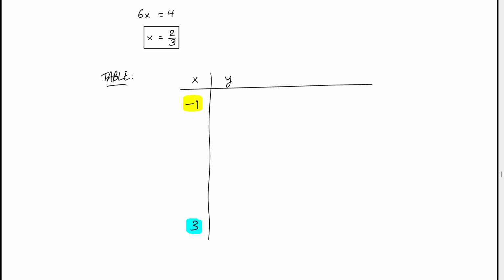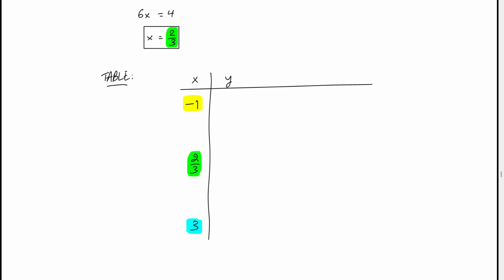And then any critical numbers you found have to go between these numbers. So if you have 2, 3, 4 of them, make sure you put them in order from smallest to largest. That way everything looks nice and neat, and you won't make any mistakes. In my case, I only found 2/3. It was a single critical value, and so I'm going to place it in the middle row of my table.